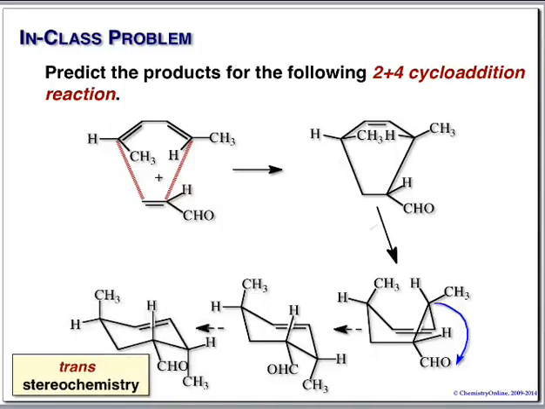So we've done it right. We wind up with a product where we have axial and axial. Those two are trans, aren't they? So on the back of our hand, let's write down, we had cis-trans, and we wound up with trans stereochemistry.